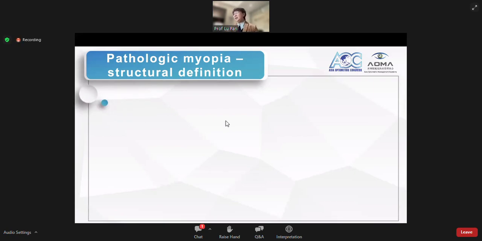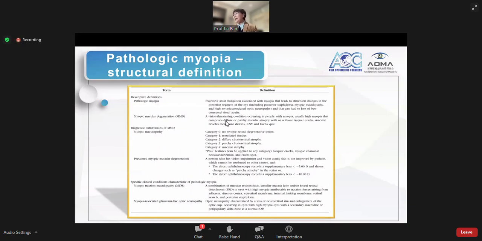Now, in terms of pathological myopia, here is the structural definition, including the descriptions from the general to sublines. This is a complicated part, but also a very useful one in clinic. Therefore, we try our best to make each one clear.